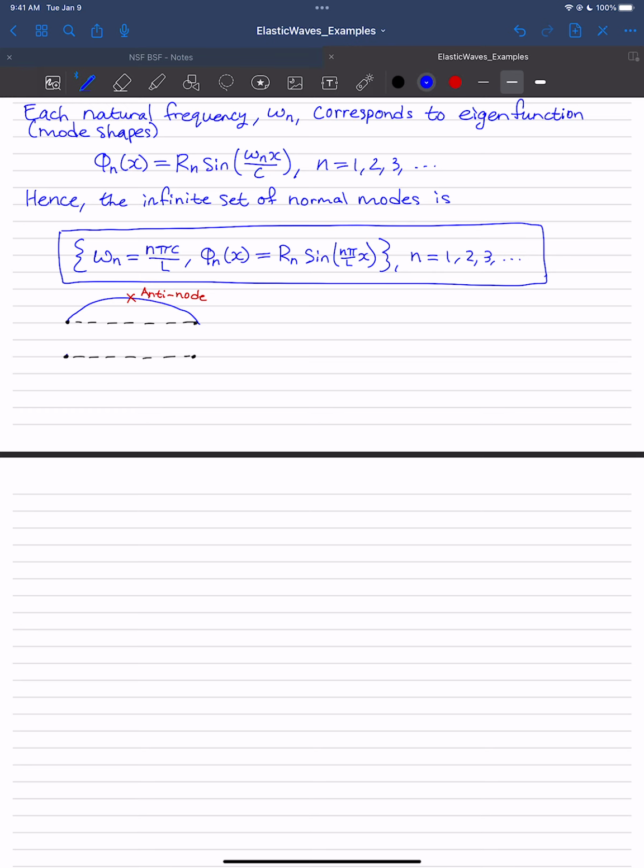The second mode will be a full sine wave with a node in the center. So in red here, this is known as a node. And then we have two antinodes. And so those are what the first two mode shapes look like. Let's just write out what a node is. This is a position of 0 displacement.